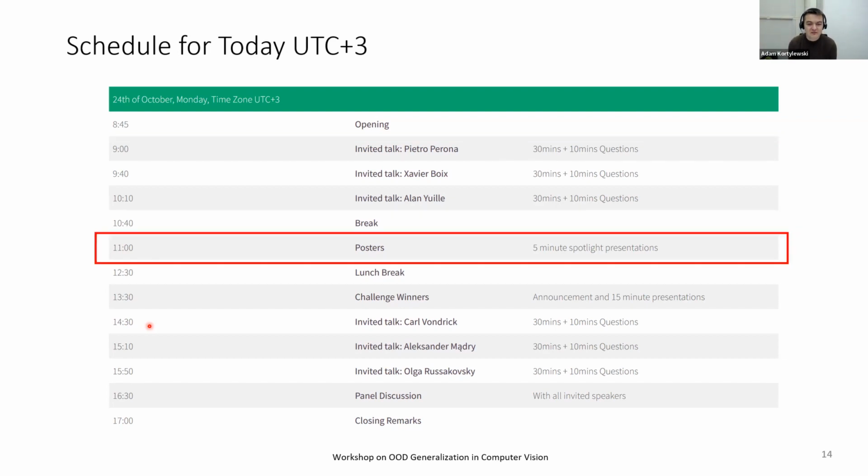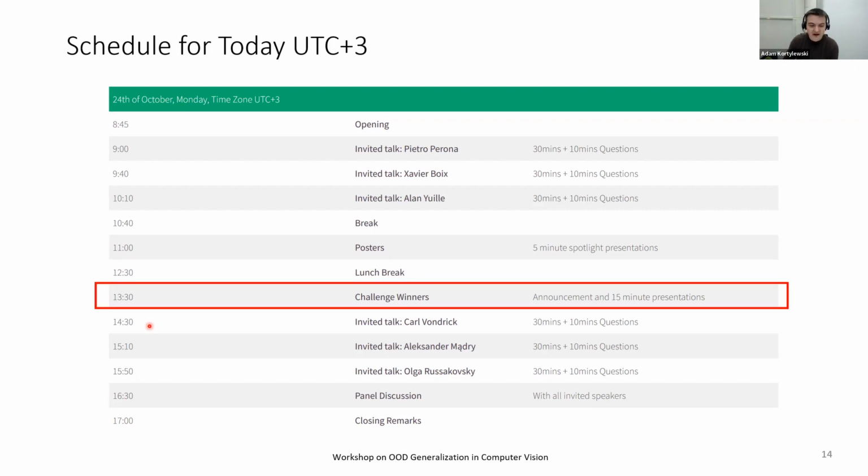Then we'll have a poster session, a short break, and a poster session where the paper presenters will have a short video or a live presentation of their works. Afterwards, after the lunch break, we have a session where we introduce the challenge and summary results, and then individual challenge winners will present their results and approaches.